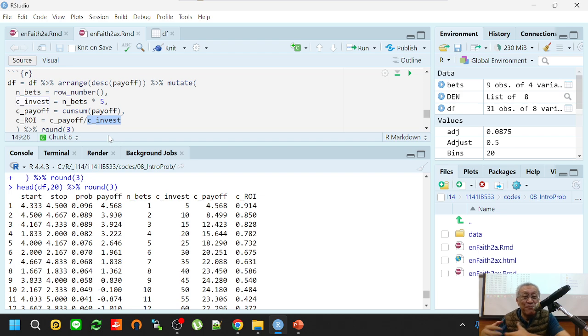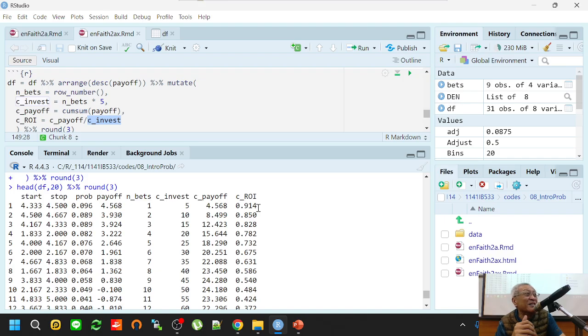In business, sometimes you are looking for the highest payoff, and sometimes you're looking for a higher return on investment. It's a different concept.